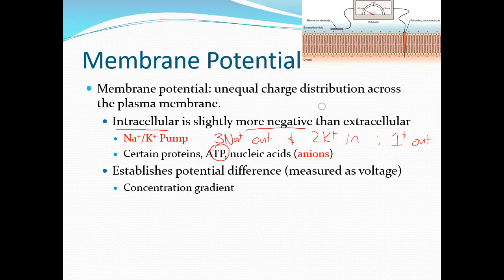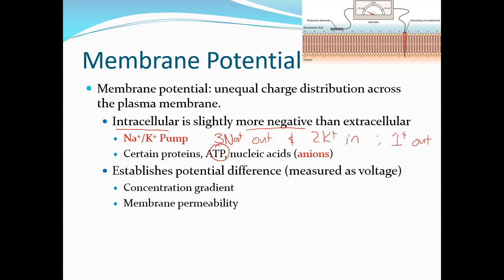When we end up measuring the voltage change across the cell, there will be this difference due to the concentration gradient of the ions. We'll later learn about which ions are greater where, and also how permeable these ions are across the membrane. Some are more permeable than others.